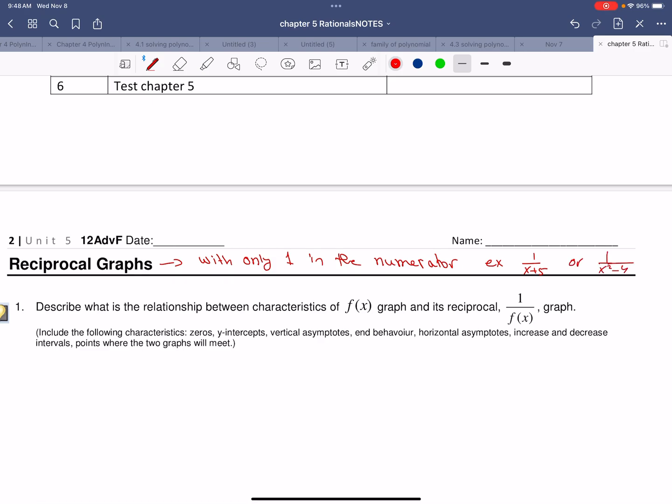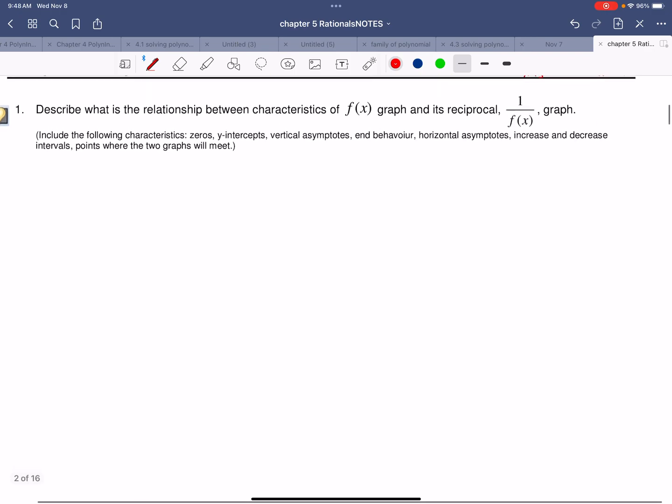These are some examples of reciprocal functions. So we need to look at the zeros, the y-intercept, vertical asymptote, end behavior, horizontal asymptote, increase and decrease, and then the points where the two graphs will meet.